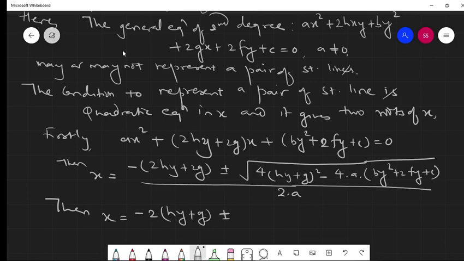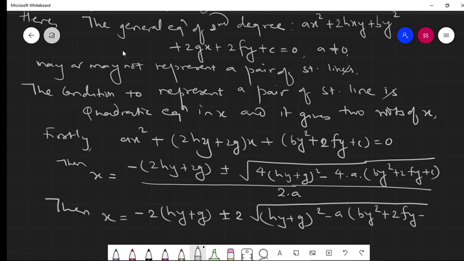We can remove the radical sign for 2, then hy plus g whole square minus a times by square plus 2fy plus c, all over 2a.